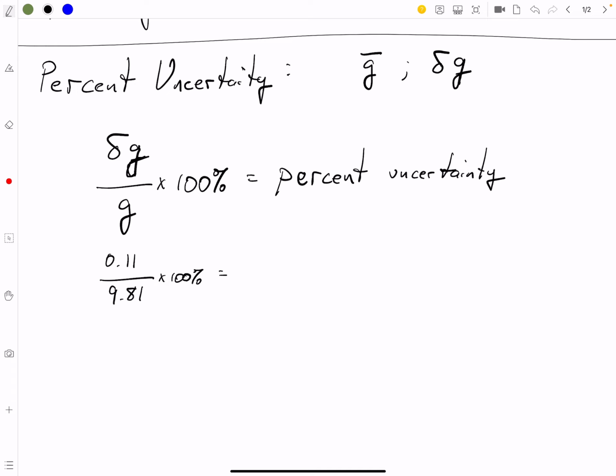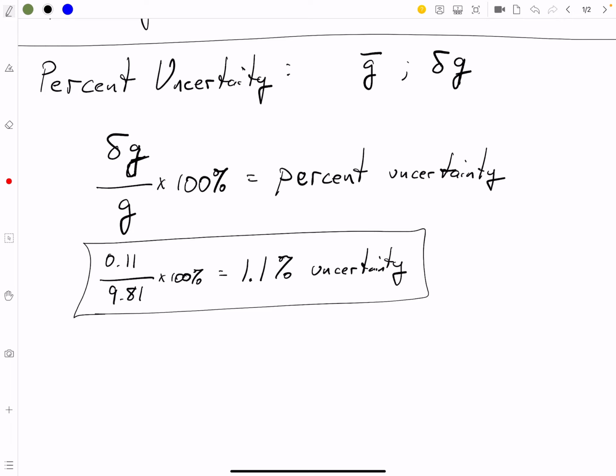What do I have? 1.1% uncertainty. Quite often, just about every time, I want to know what your percent uncertainty is. Pretty much every time, you may as well just do that every single time.